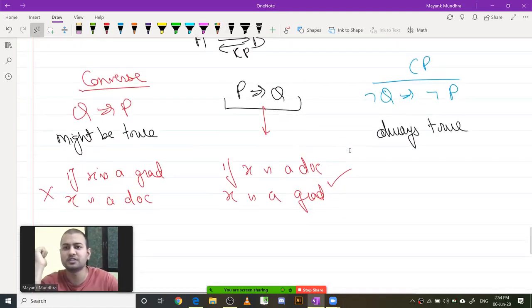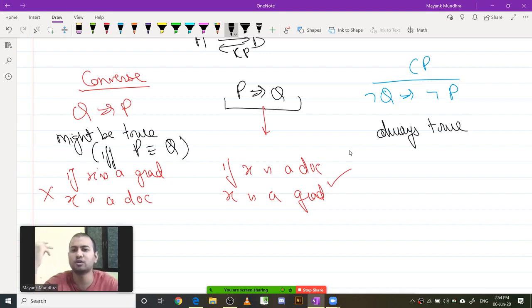Now the question is, when is the converse true? So the converse is true if and only if P is logically equivalent to Q. So this is what you can remember, that when P and Q are logically equivalent, then P implies Q is true and Q implies P is true.